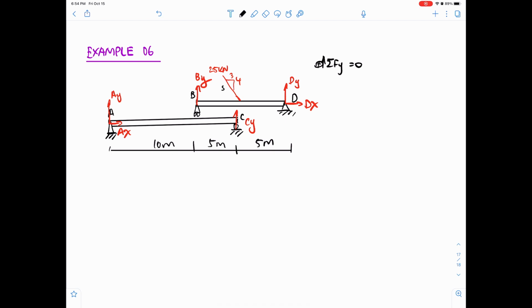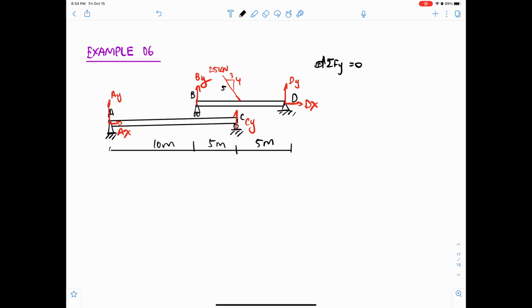So this is a 3, 4, 5 triangle. You can use trigonometry to solve this as well, but in this case, it's a ratio. If 25 is this diagonal over here, then proportionally speaking, this would be a 3 and this would be a 4.